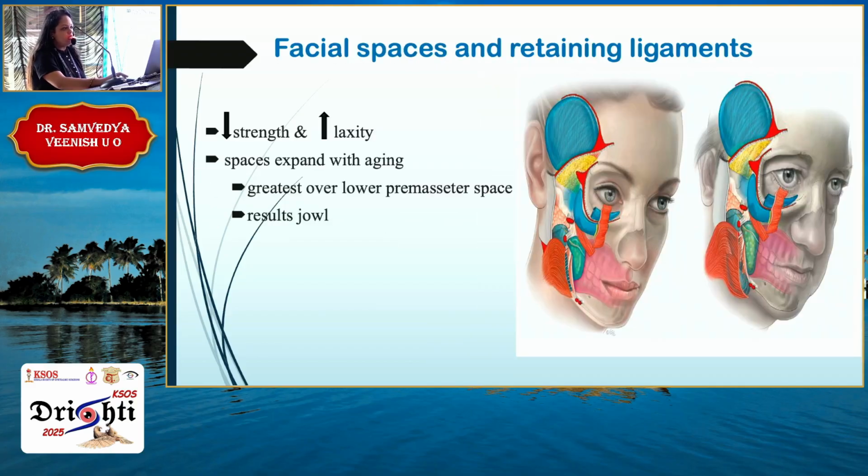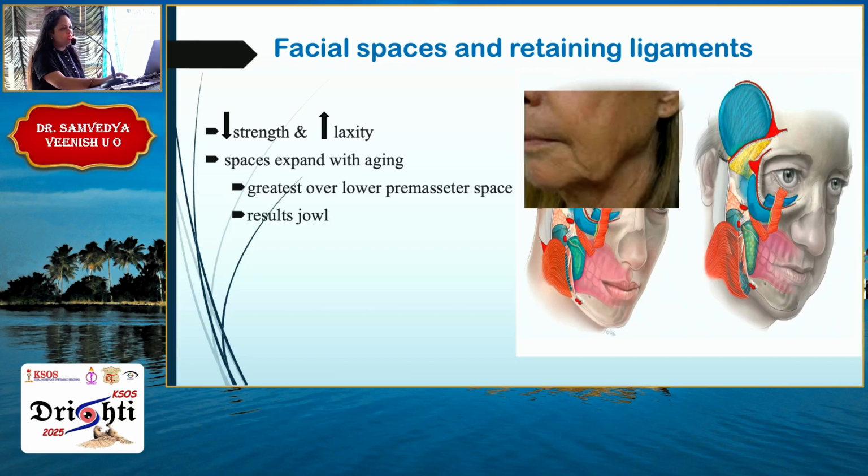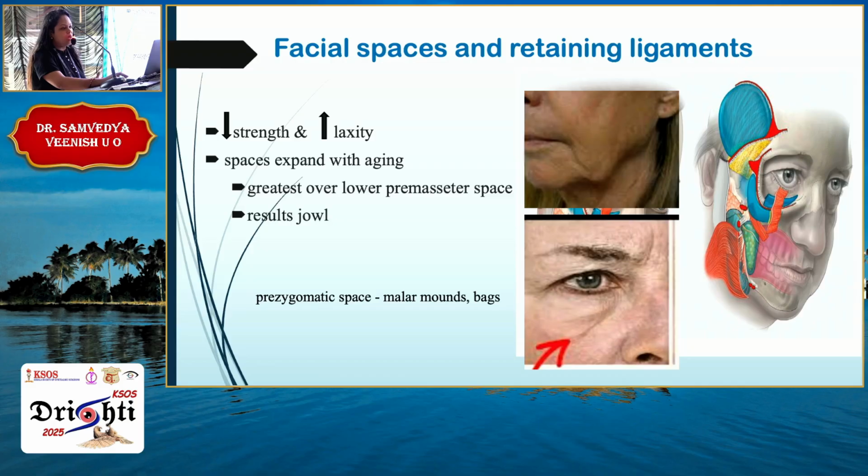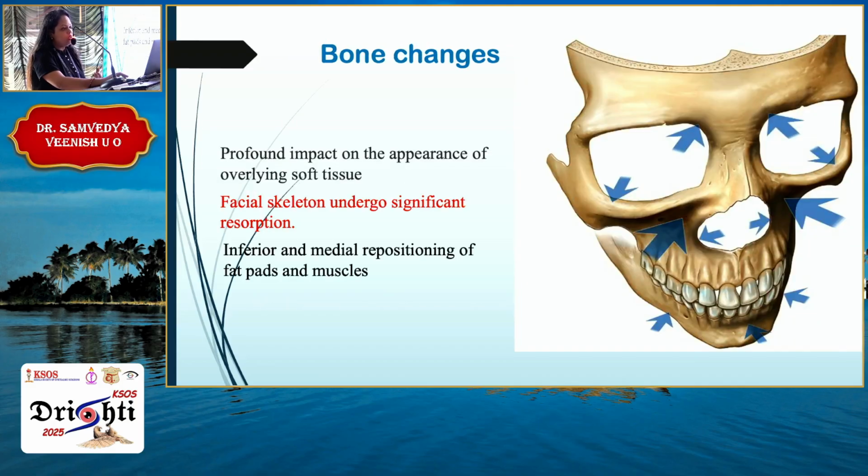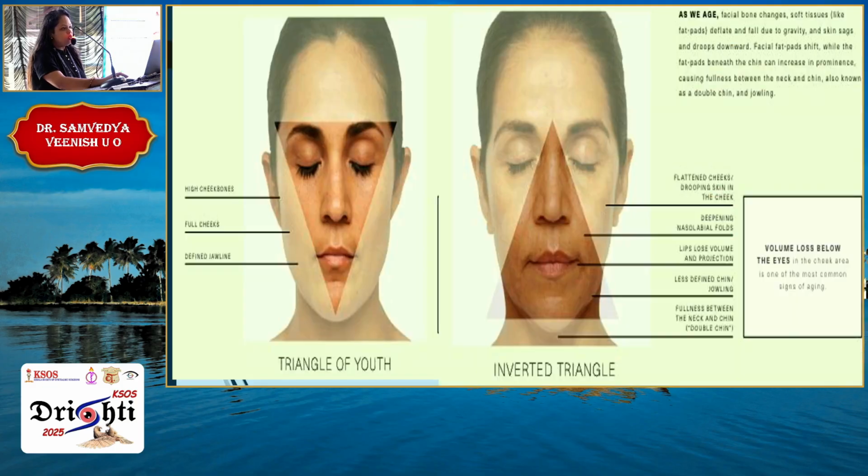There is a decrease in strength and increase in laxity of the retaining ligaments, which causes the facial spaces to expand, resulting in jowl formation in the pre-masseter spaces, and in the pre-zygomatic space you can see malar mounds and bands. The facial skeleton undergoes significant resorption, which results in inferior and medial repositioning of fat pads and muscles. So the triangle of youth gets inverted as you age.